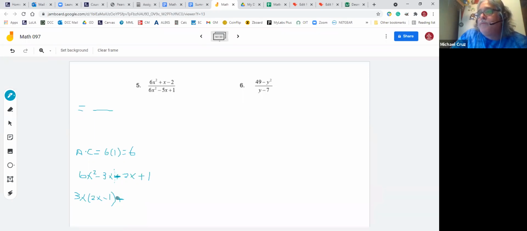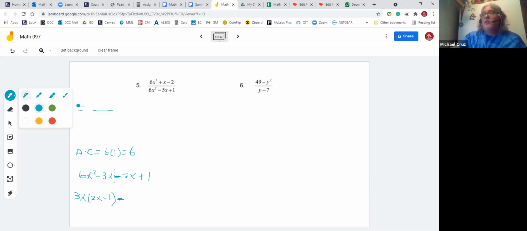So sometimes the factoring is just going to be as long as it is, but you shouldn't have to do it on every one of them. Like I said, you can use these as hints. All right. So then this is going to be down here at the bottom. It's going to be 2x minus 1.